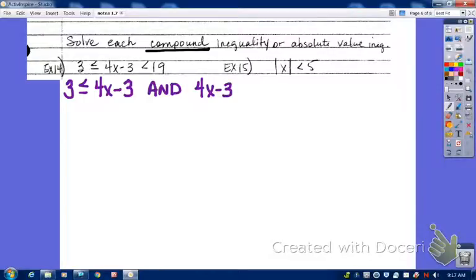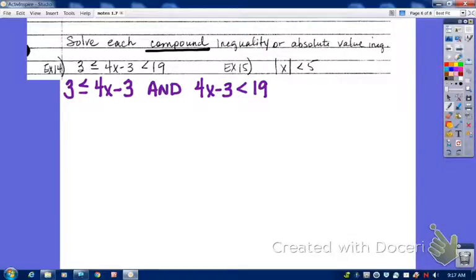In the second inequality, it's telling us that 4x minus 3 is less than 19. So when we read the problem, we read it with an and. 3 is less than or equal to 4x minus 3, and 4x minus 3 is less than 19. That's just how we read that.